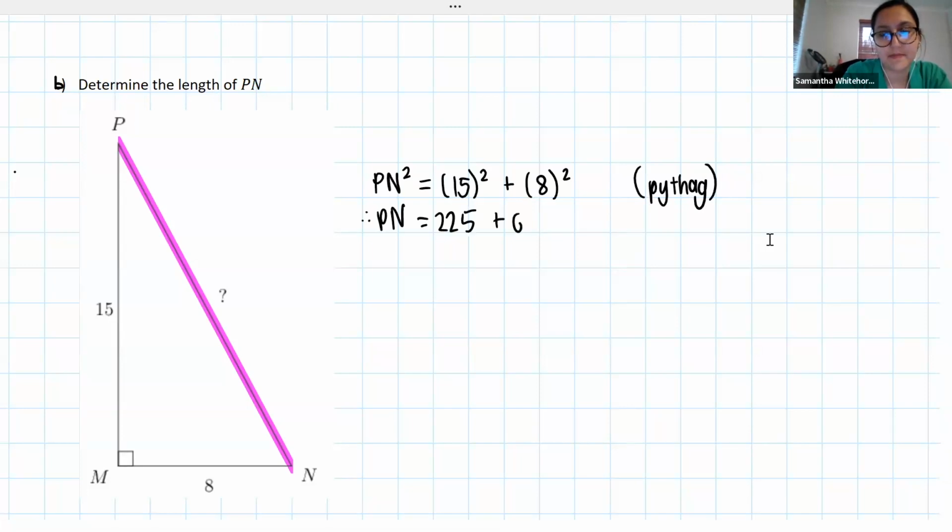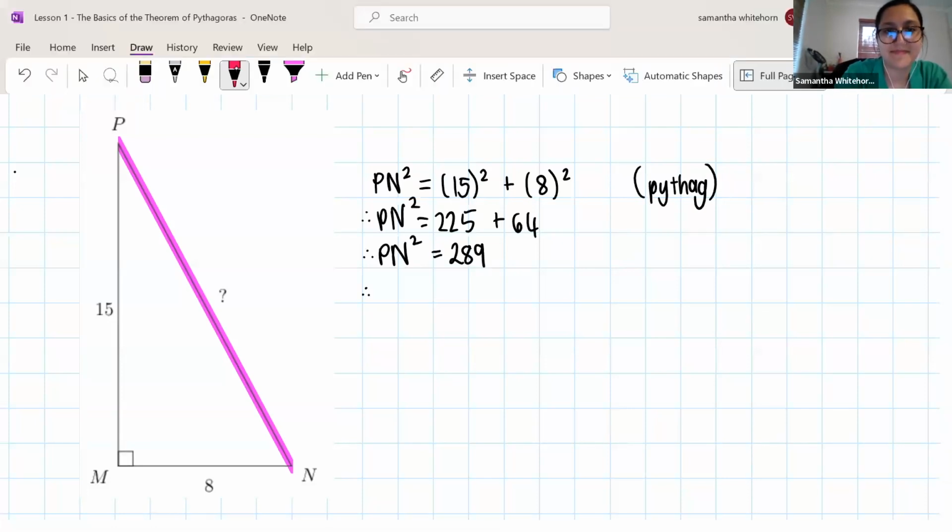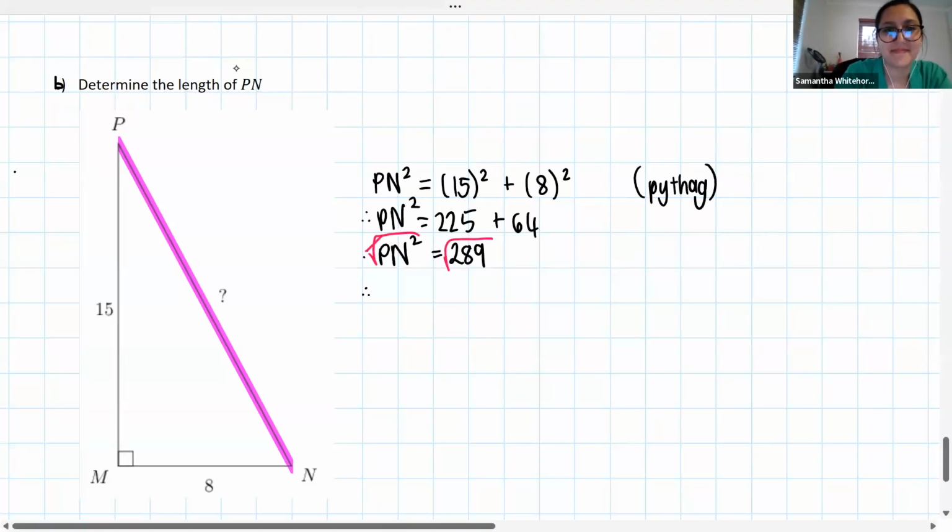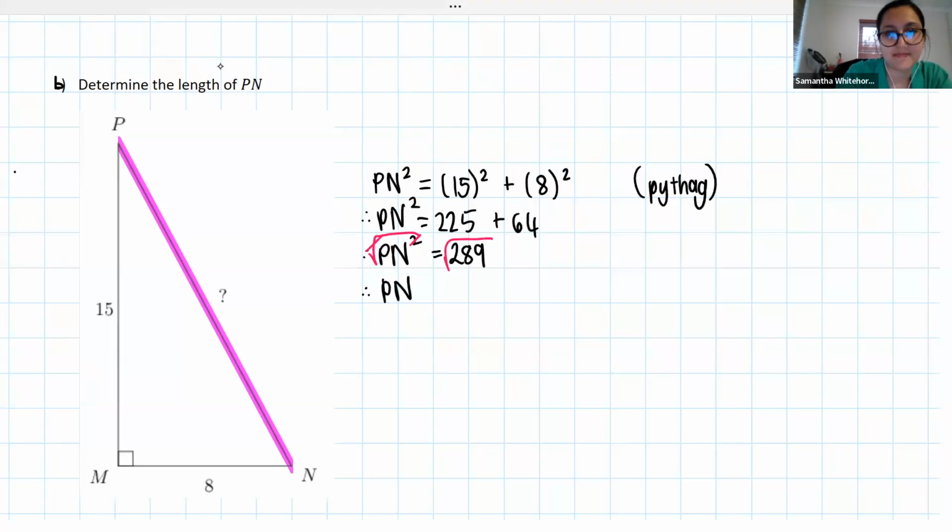And then I said PN squared equals 225 plus 64. And then I said PN squared equals 289. And then I changed the squared into a root. So it was basically PN equals the square root of 289, which equals 17 units.